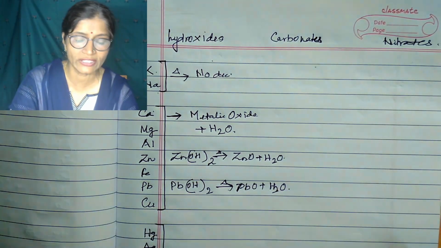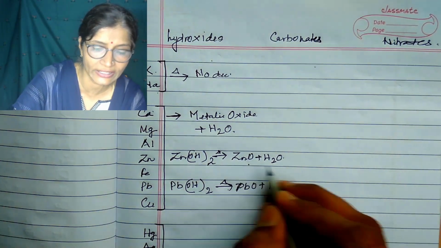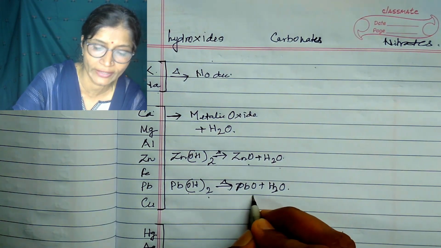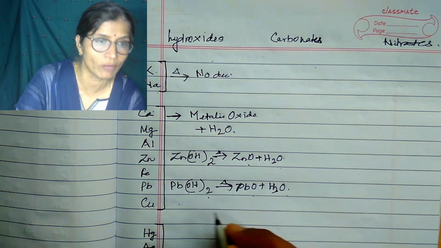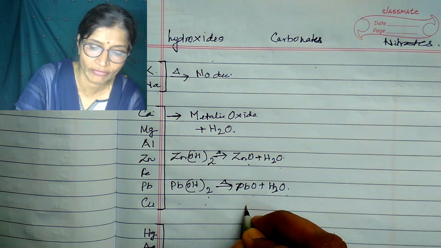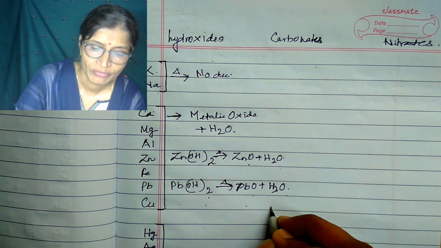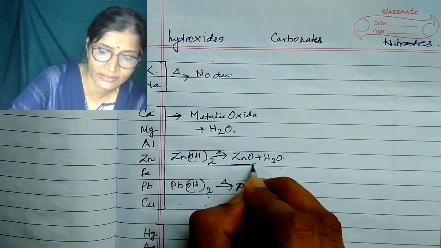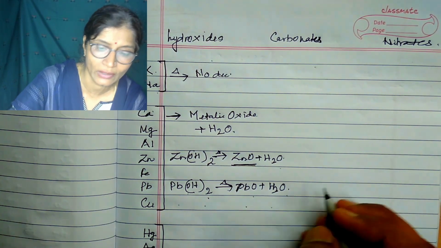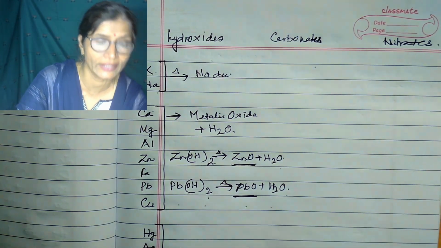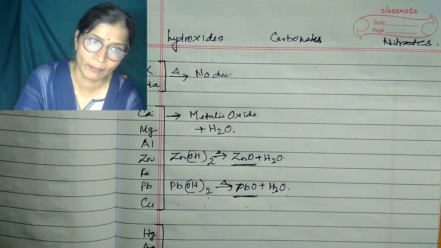In the same way, copper hydroxide, when heated, will give copper oxide and water. You know that zinc oxide is yellow when hot and white when cold. Lead oxide is yellow in color, and copper oxide is a black residue.